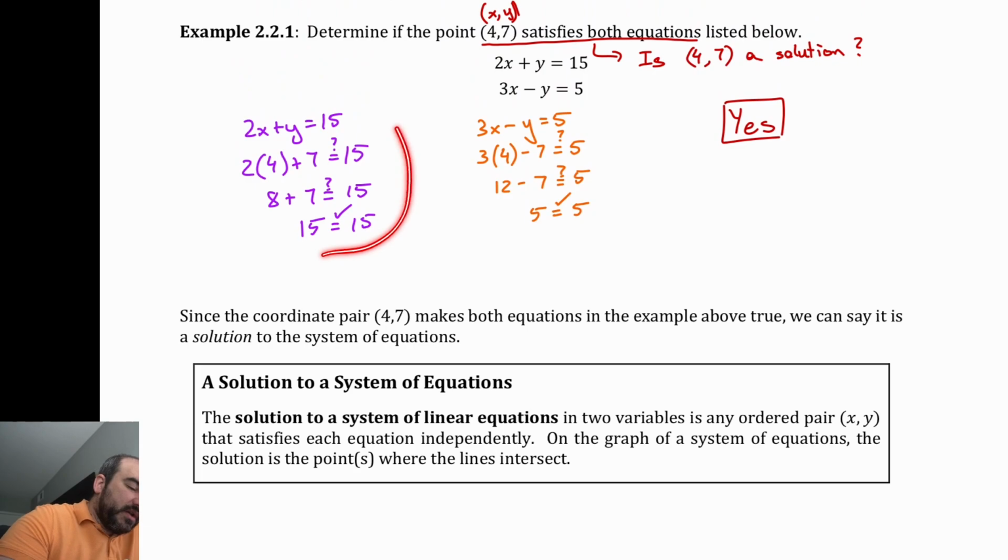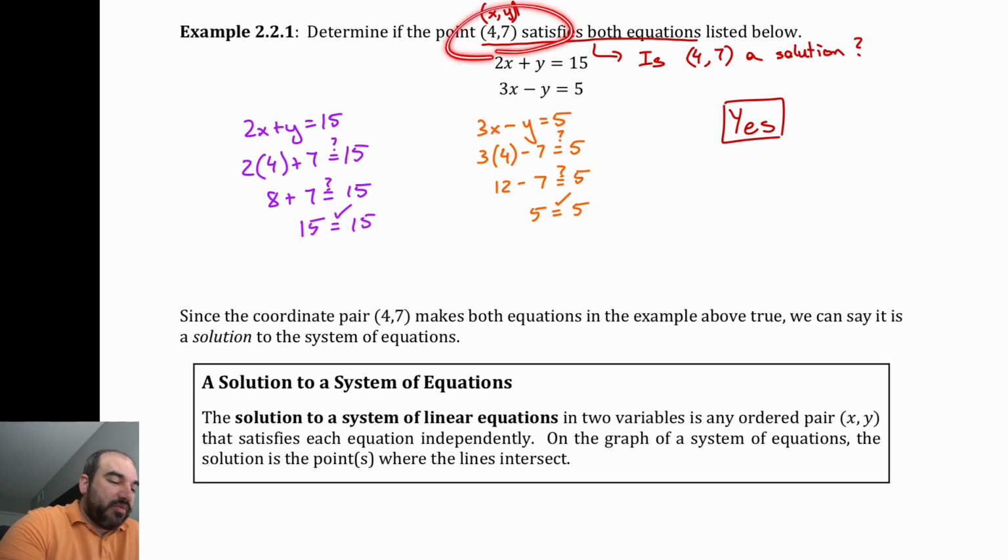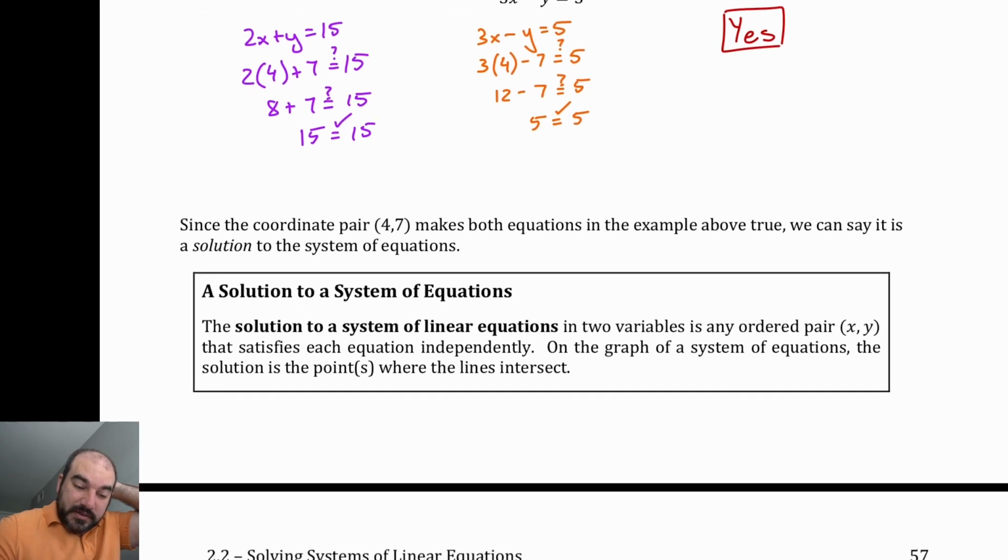If on this first one we found that plugging in (4, 7) gave us something like 10 equals 15, that would be a no, and we wouldn't even have to check the second, because this point is not on the first line, so it can't be a solution. It can't satisfy both equations. As soon as one of them falls apart, you can stop and say no. You don't have to keep checking all of the equations in that case.